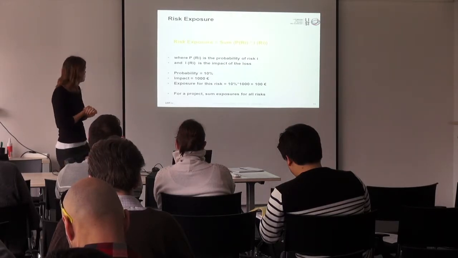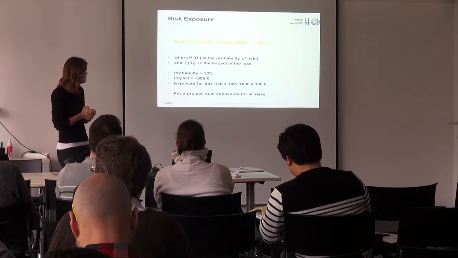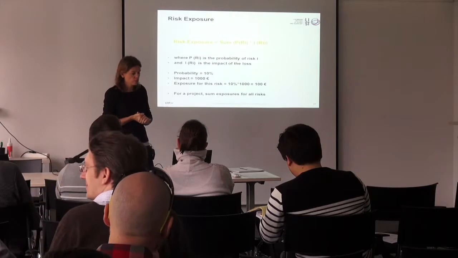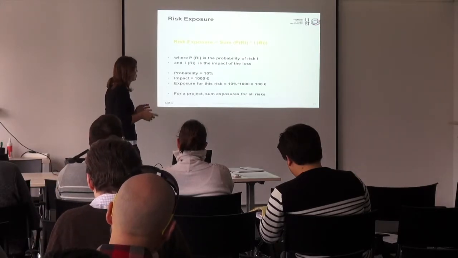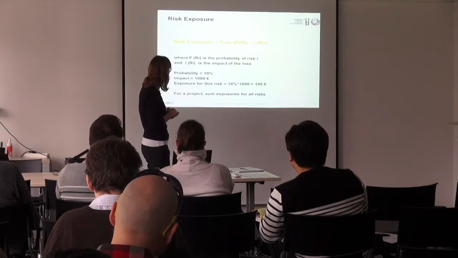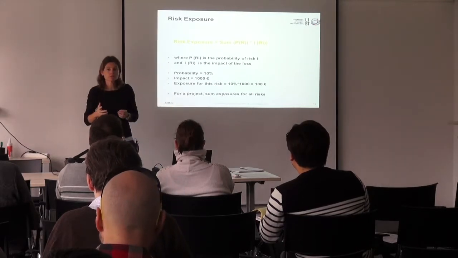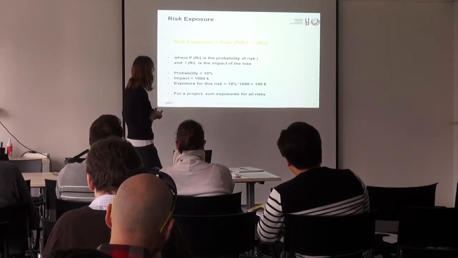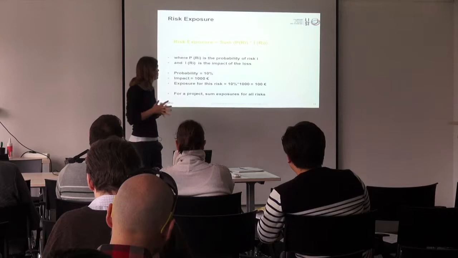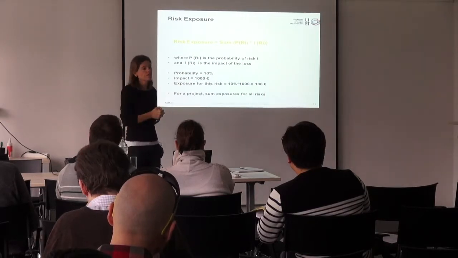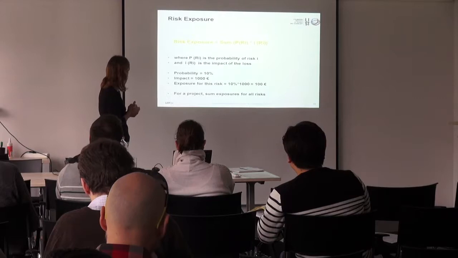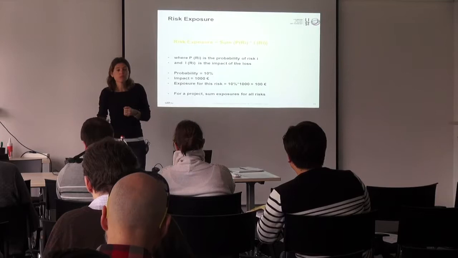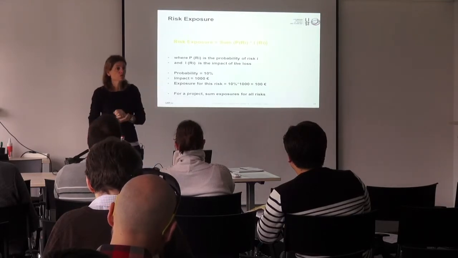Okay, so some additional definitions. We can talk about the risk exposure of a project. We're going to see other definitions, but mostly what you have about a risk is the probability that that risk occurs. So it's, for example, 10% of probability that I slip on the road if I keep on driving so fast, and the impact that it will cost me if the risk actually occurs.